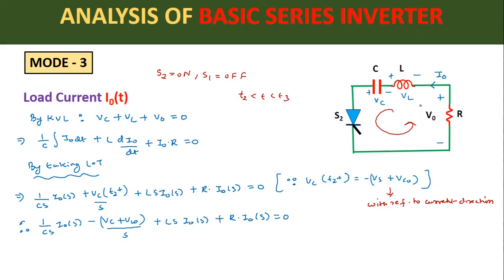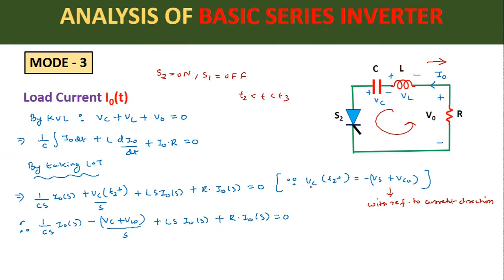Because in the third mode of operation the current direction has been reversed with respect to mode number 1 operation. In mode number 1 the current direction is towards the right hand side, whereas in mode number 3 the current direction is towards the left hand side. So with reference to the current direction, we are taking the voltage across the capacitor at time t is equal to t2 as minus of (Vs plus Vco).